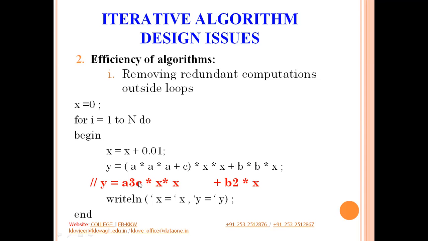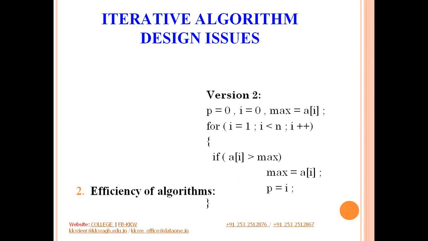Why? Because we have done this computation only once outside the loop, so directly its value will be used here. That is how you can improve the efficiency of an algorithm by removing redundant computations outside of the loop. So that is the first way of improving efficiency of the algorithm.